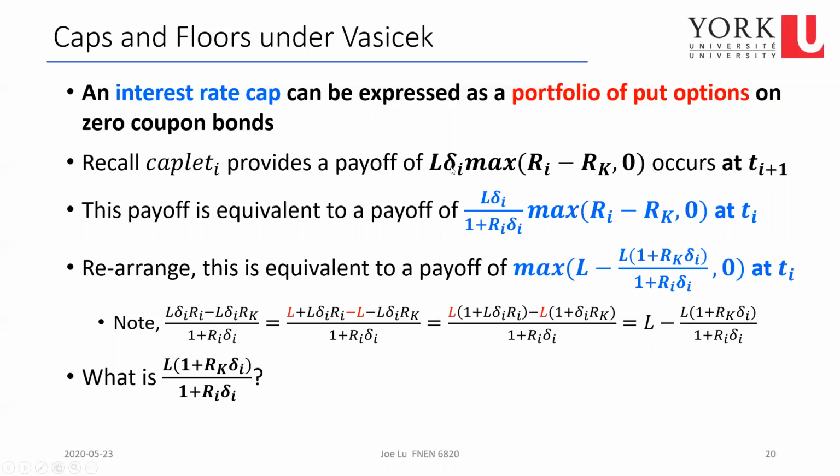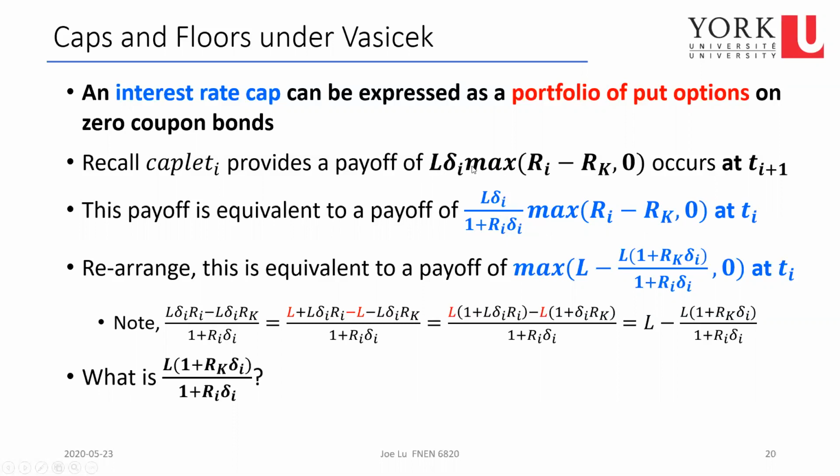So with a notional and a time period here, with this payoff function at Ti+1, we see that actually this payoff is deterministic at Ti, because once you are at Ti, you know the rate, you know exactly what's going to be paid, and you know the interest rate. So you can actually discount it.